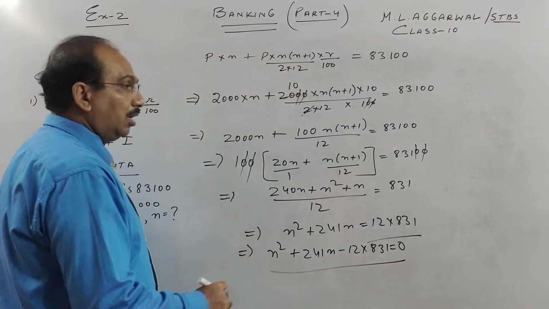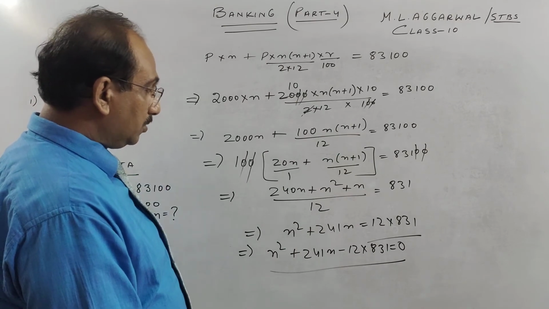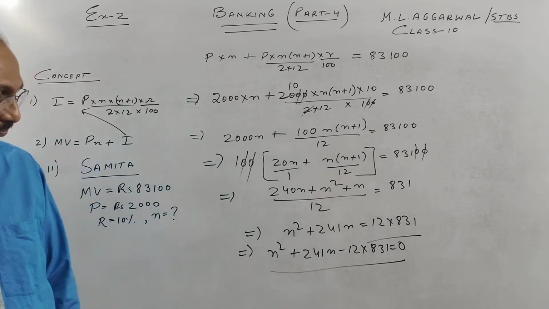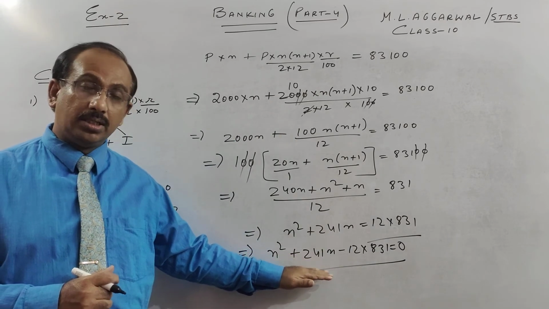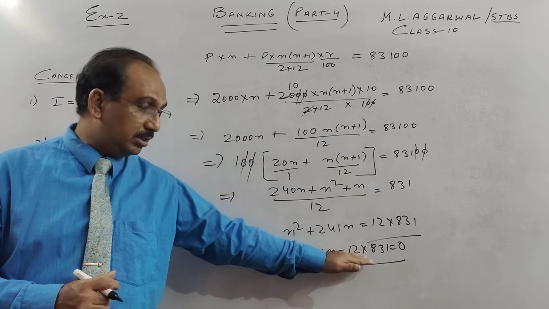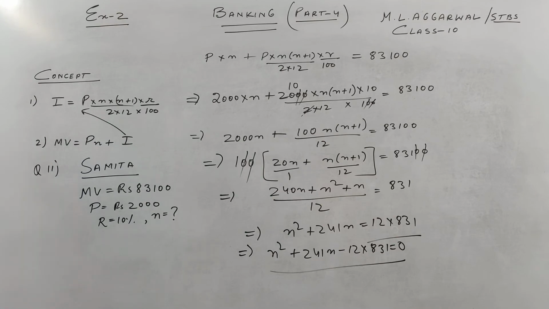Now see how I am going to factorize it. Kindly pause the video and copy. This factorization, I'll teach you how we break this and get the factors. So kindly pause the video and copy.